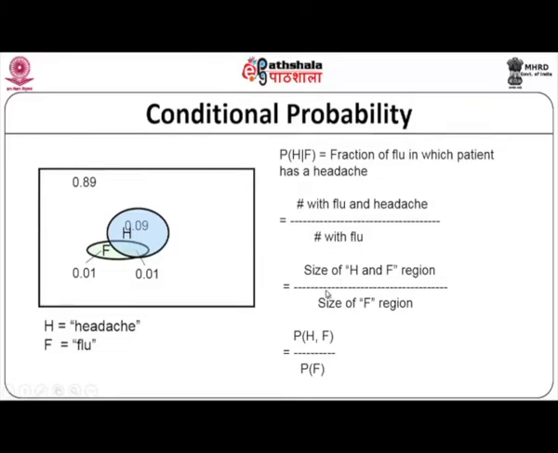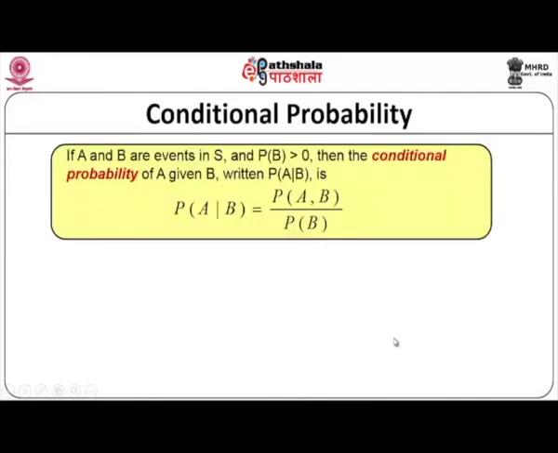That is the overlapping area where H and F overlap, divided by the region occupied by F, which is nothing but the probability of H and F divided by the probability of F. So, this is what we call conditional probability.